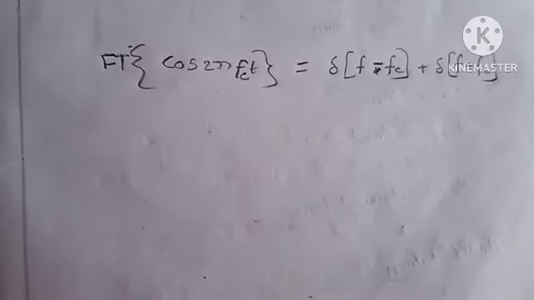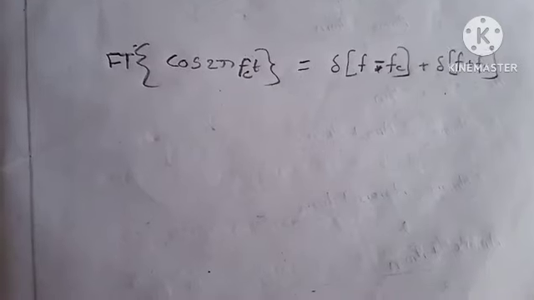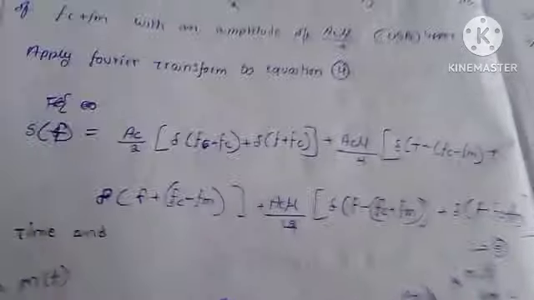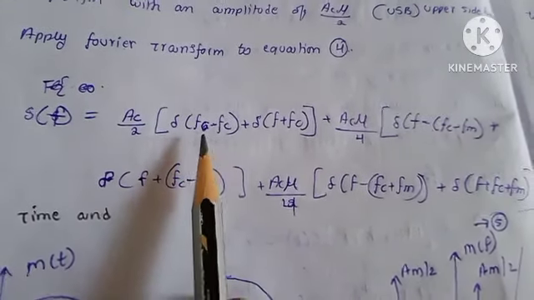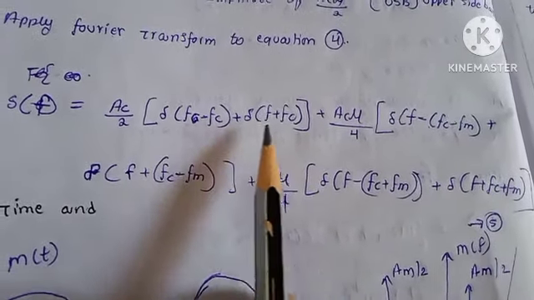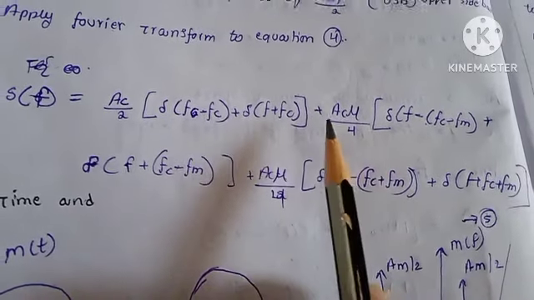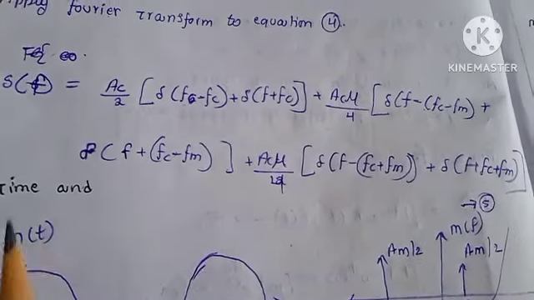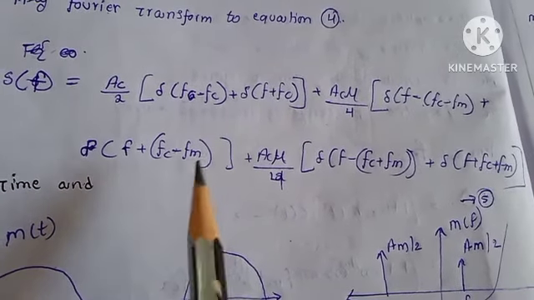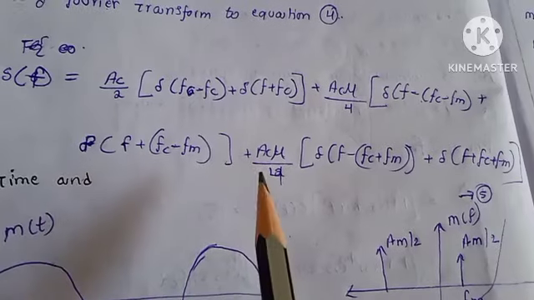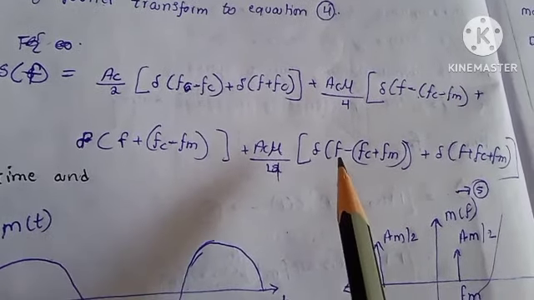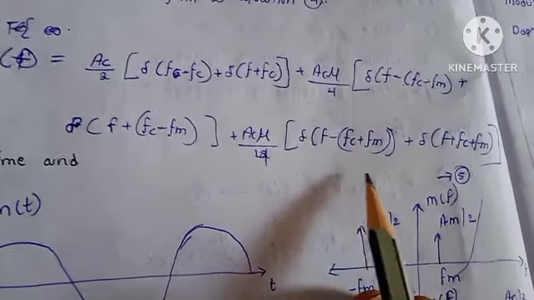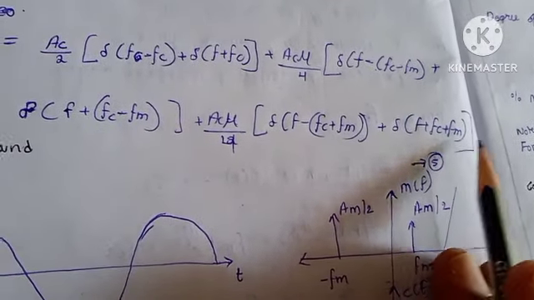Applying it to our amplitude modulated signal, it finally becomes Ac by 2 [delta(f minus fc) plus delta(f plus fc)] plus Ac nu by 4 [delta(f minus (fc minus fm)) plus delta(f plus (fc minus fm))] plus Ac nu by 4 [delta(f minus (fc plus fm)) plus delta(f plus (fc plus fm))].